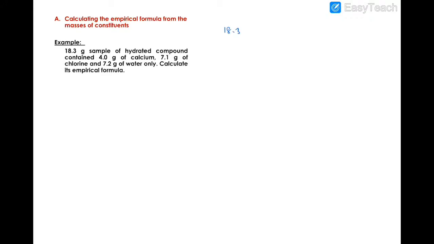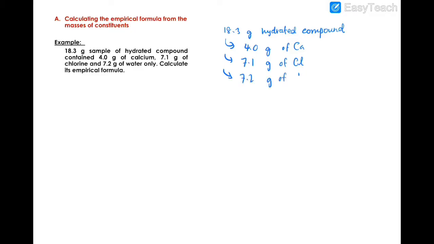So kamu ada 18.3 hydrated compound. Hydrated compound bermaksud compound yang ada air. And then given to you dalam hydrated compound ni it contains 4 gram of calcium. And you also have 7.1 gram of chlorine and also 7.2 gram of water.